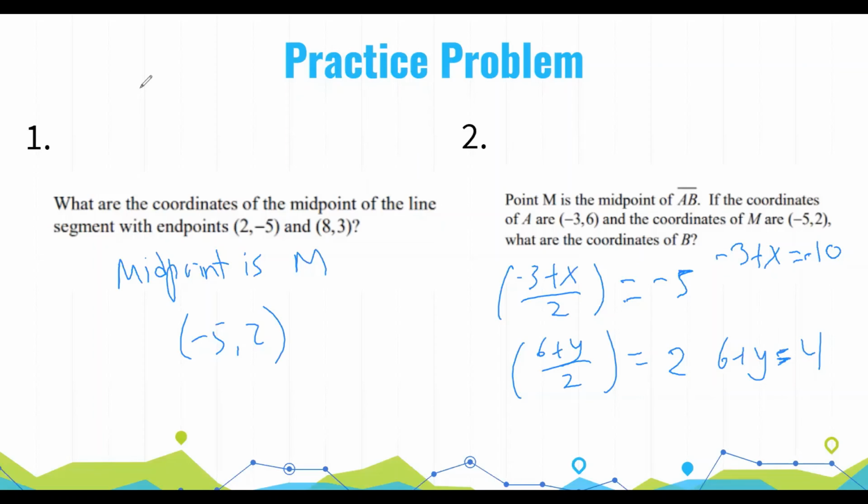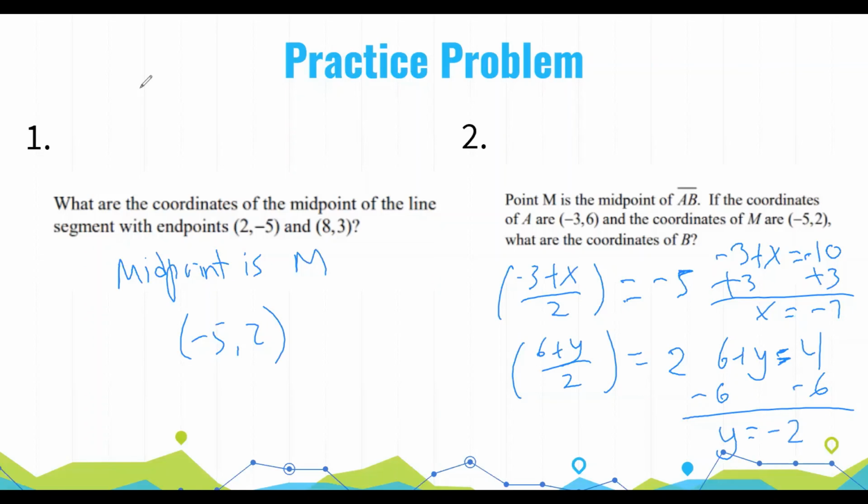Do you want to solve for x and y? Sure. +3 on both sides, so x equals -7. And then the second one would be -6 on both sides, and then y equals -2.